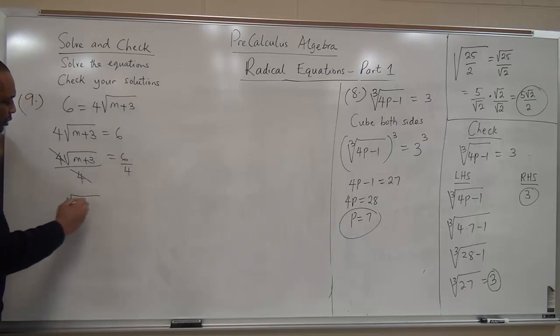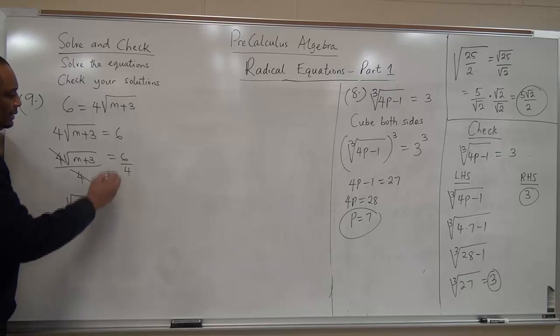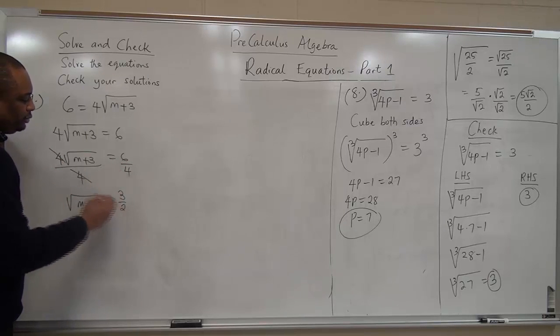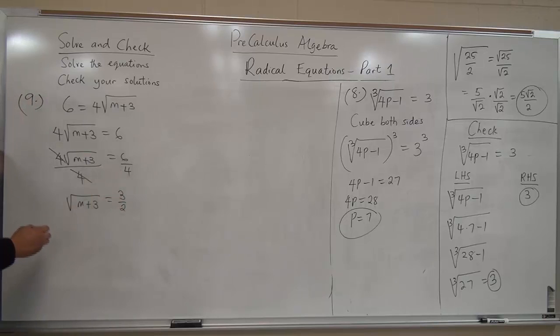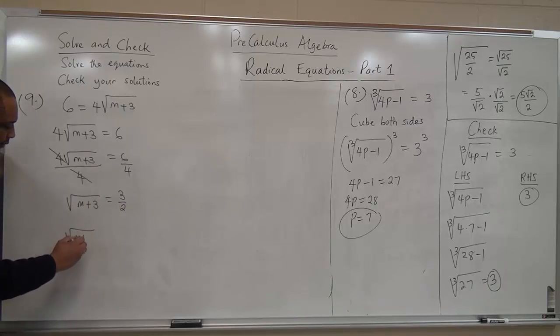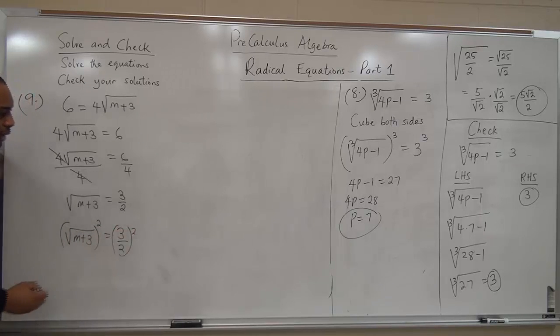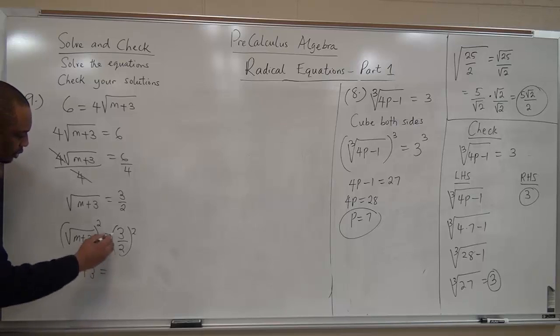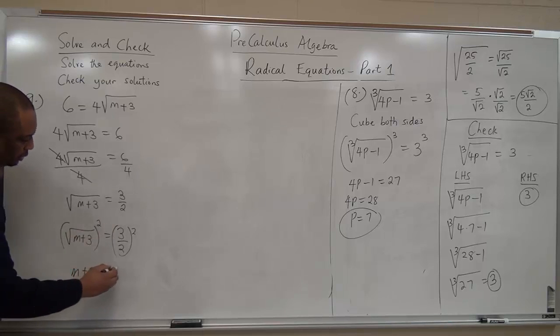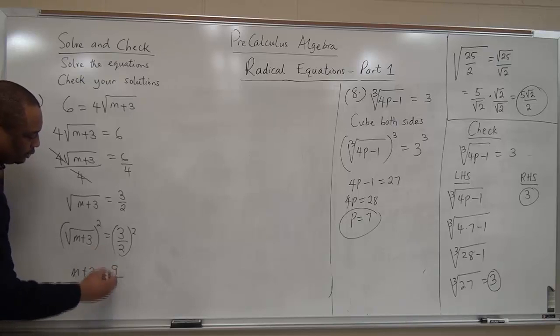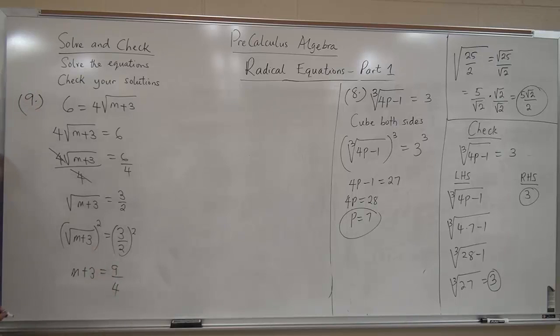You now have that square root of n plus 3 is 6 over 4, which is 3 over 2. And then you can square both sides. Square root of n plus 3 all squared is 3 over 2 all squared. You now have that n plus 3 is equal to 3 squared, which is 9, over 2 squared, which is 4.